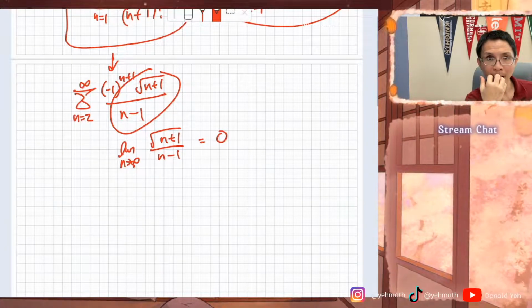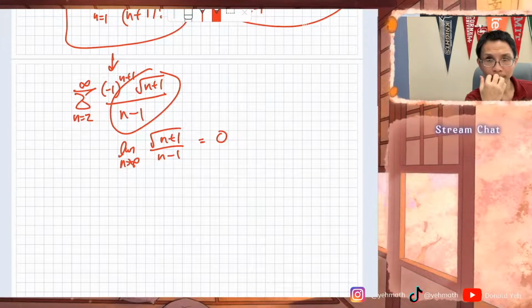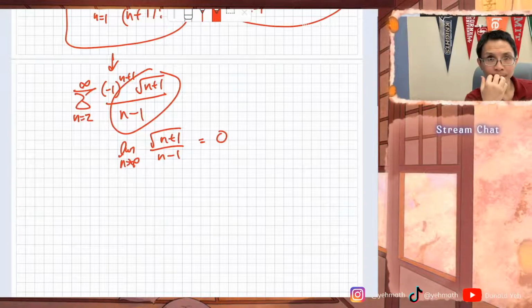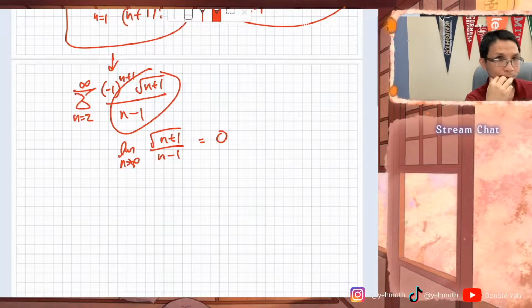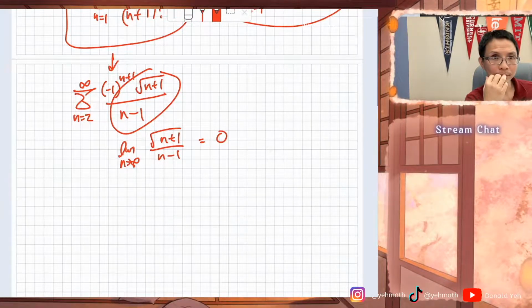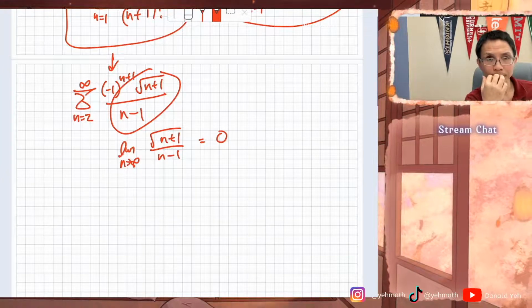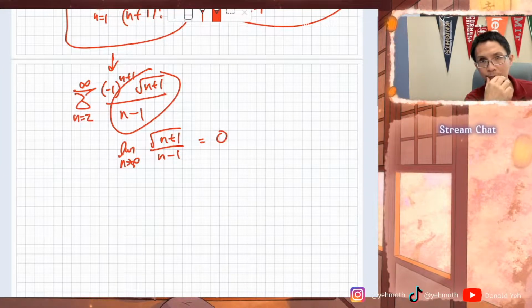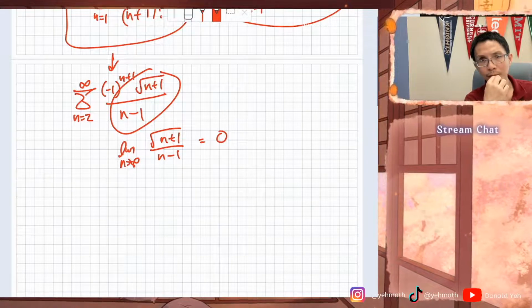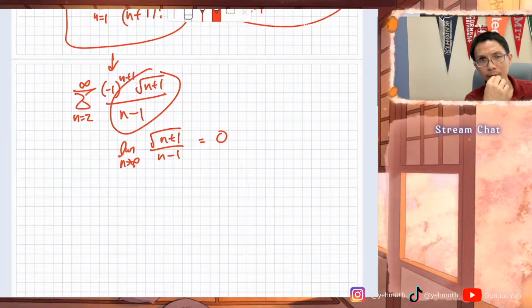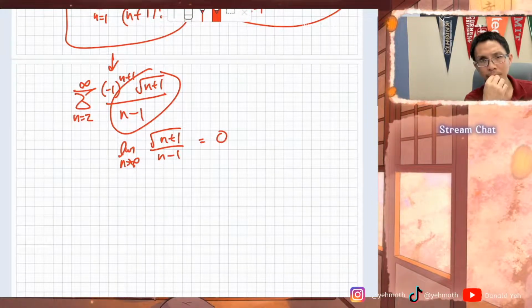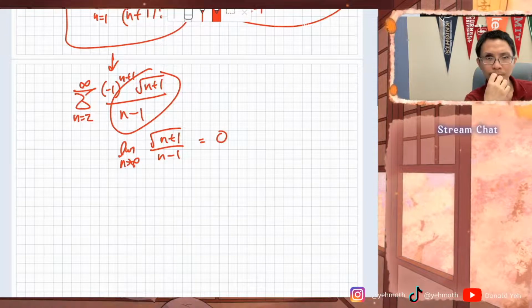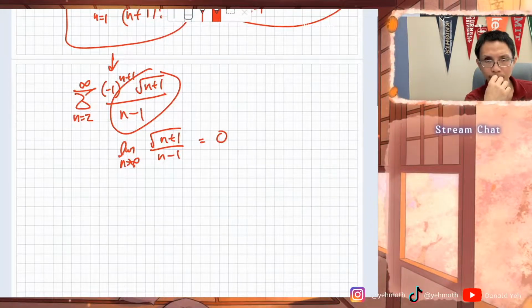Here's the test for an alternating series. For some series that is alternating, if you write the first terms, this will be a sub 1 minus a sub 2 plus a sub 3 minus, and so on.